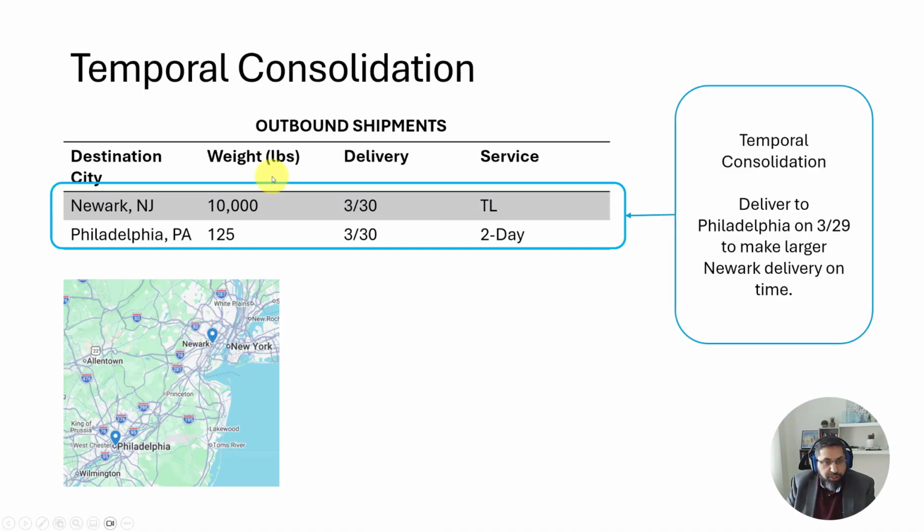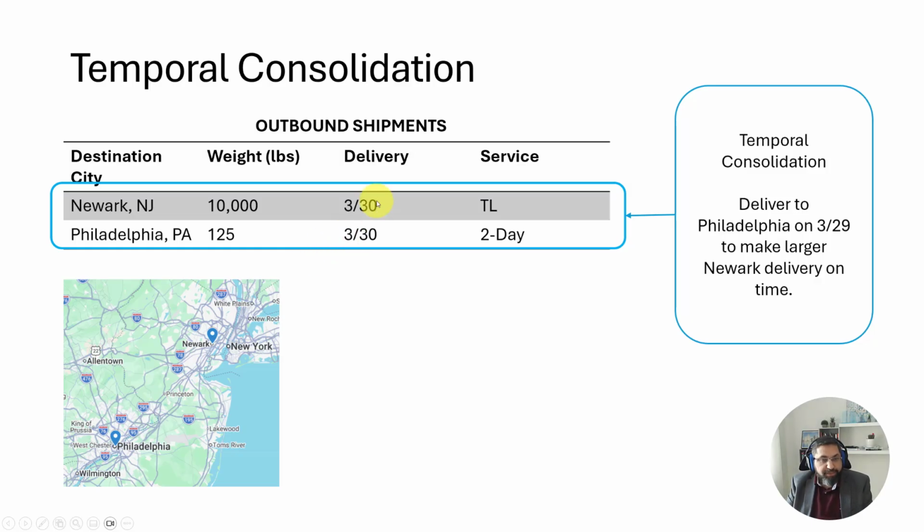Then what you can do is deliver the Philadelphia, Pennsylvania shipment early in the day and then go to Newark, or you could deliver the Philadelphia one day early, towards the evening of 29th March, and then arrive in Newark with a shipment on the 30th of March. So that's called temporal consolidation if you have to change the date of the Philadelphia shipment. If not, if you can do both on the same day, that'll just be vehicle consolidation. But if you have to change the date, it will be temporal consolidation as well.